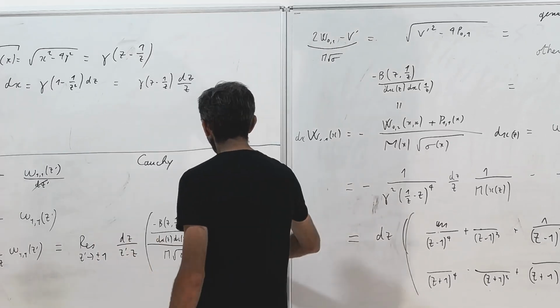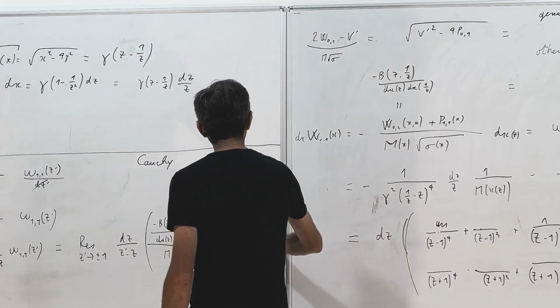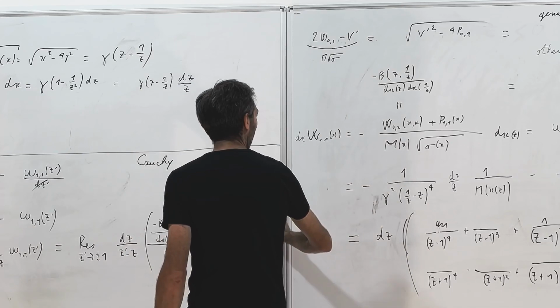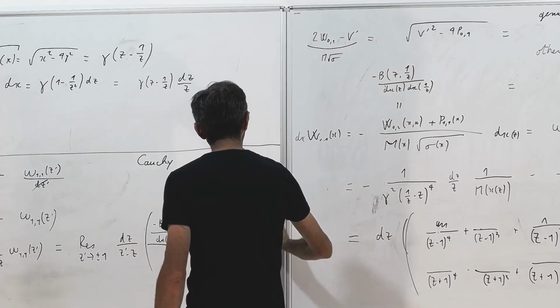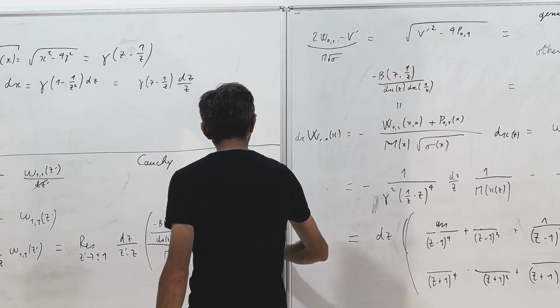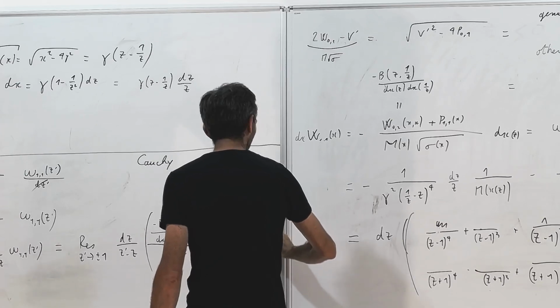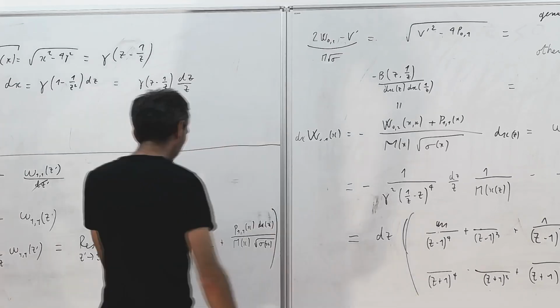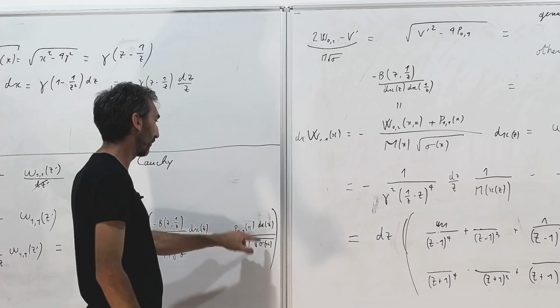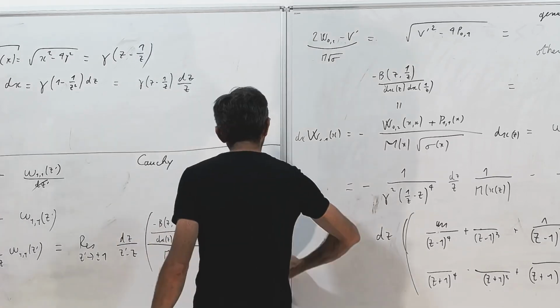The other term will be plus p11 of x dx of z over m of x square root of sigma of x. And I remind you that dx of z over square root of dx of z was just dz over z.